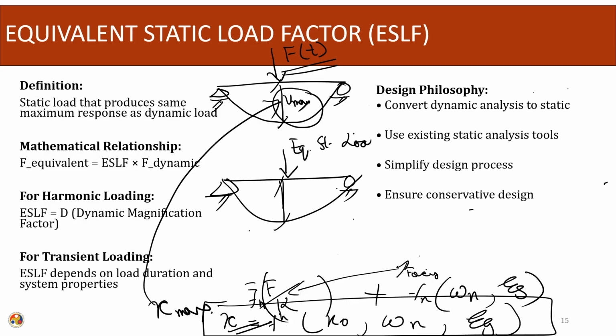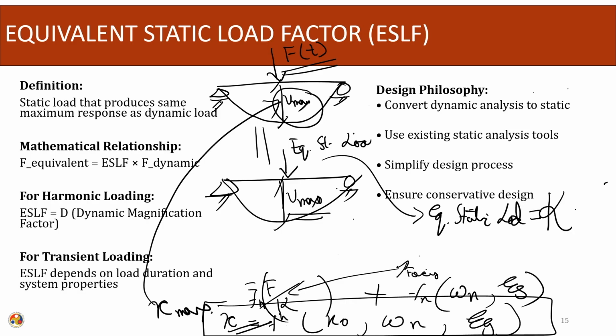So, we are trying to change the dynamic system into an equivalent static system. So, we will keep u max. In order to get my u max, the value of this equivalent static load should be stiffness times u max.